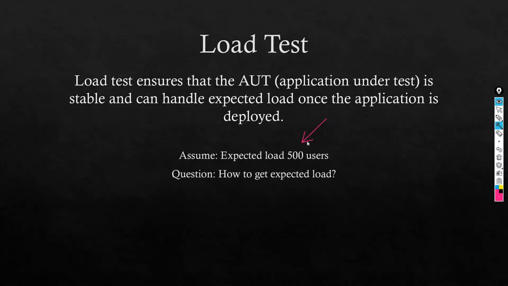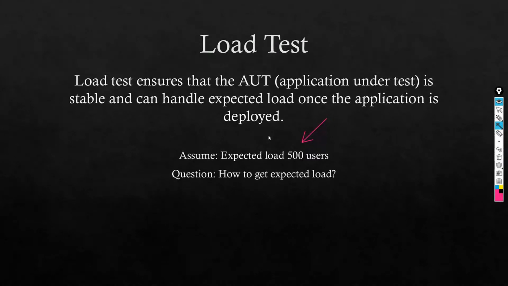Now who is giving this number of users? For example, I have to execute a load test with 500 users. Who is giving this 500 number to us? Generally, this number will be given by the business analyst, the application team, or the client.